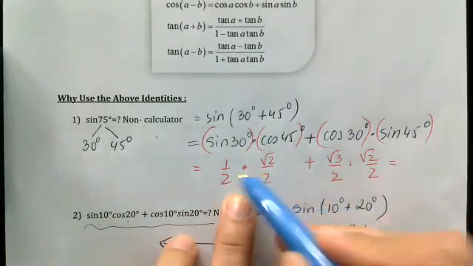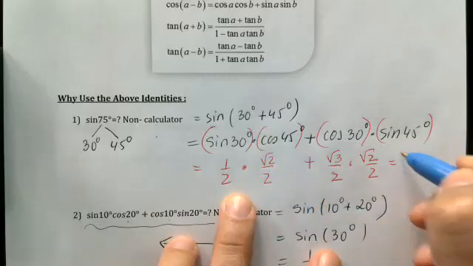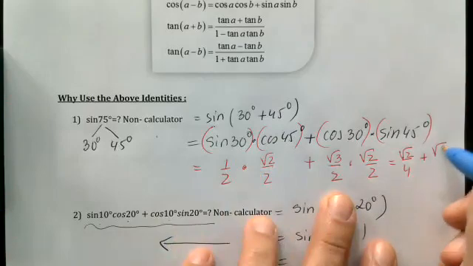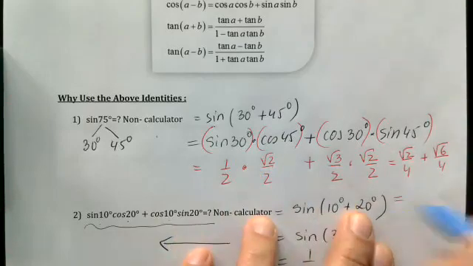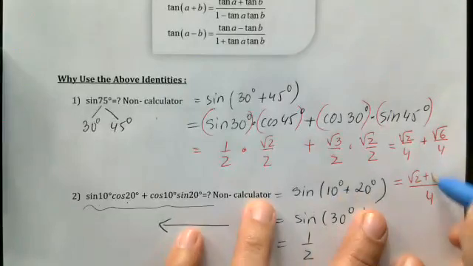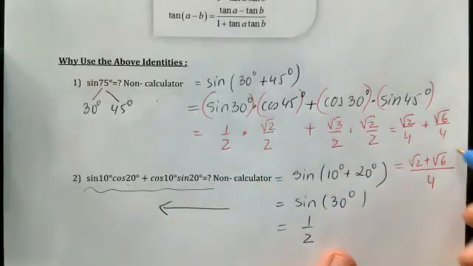And then here we can multiply. We get square root of 2 over 4 plus square root of 6 over 4, and then you put it together into one fraction, square root of 2 plus square root of 6, divided by 4.